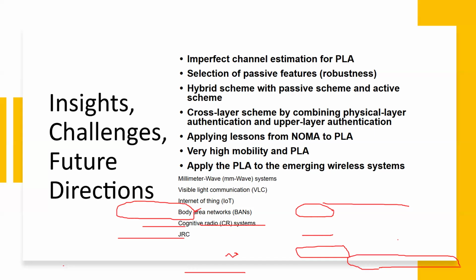Some researchers are studying the effect of very high mobility and the application of physical layer authentication to emerging wireless systems like millimeter wave, visible light communication, Internet of Things, body area network, and cognitive radio. Visible light communication, for example, is the communication technology that uses light to send and receive data.